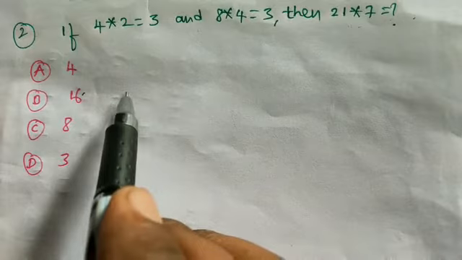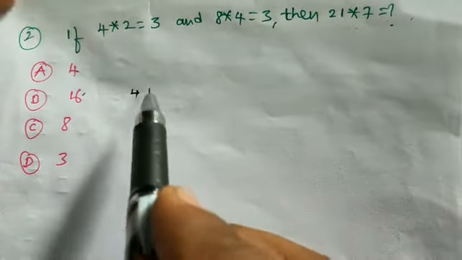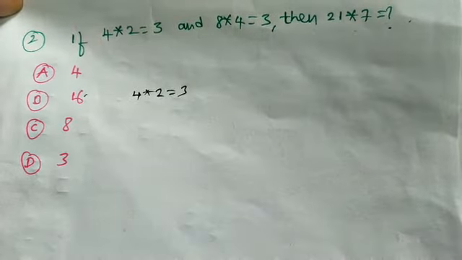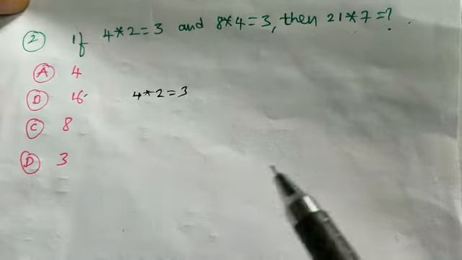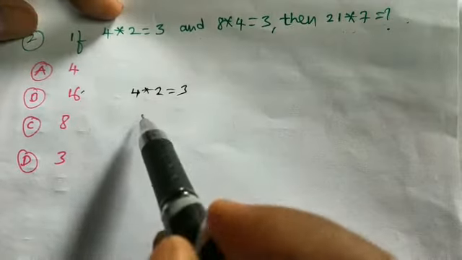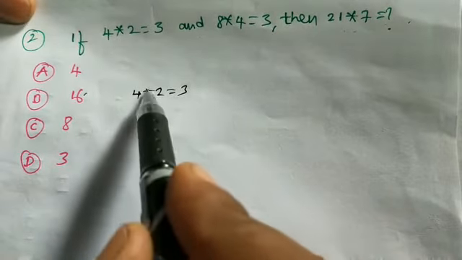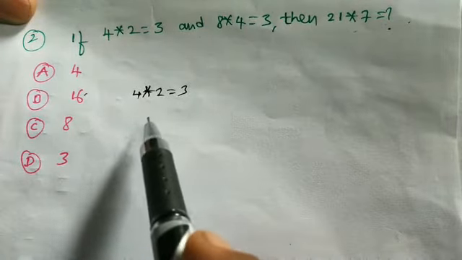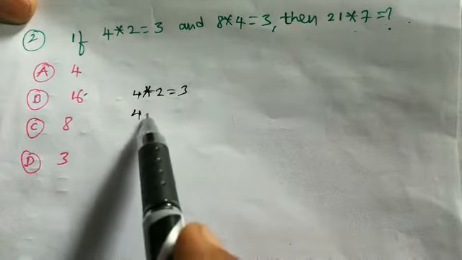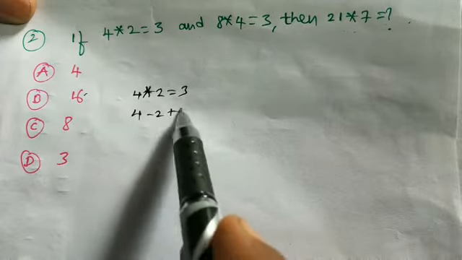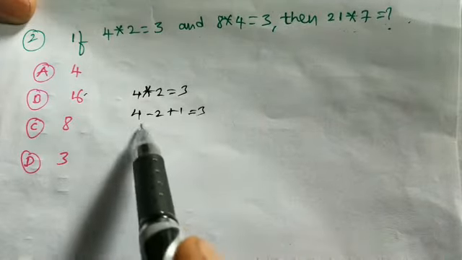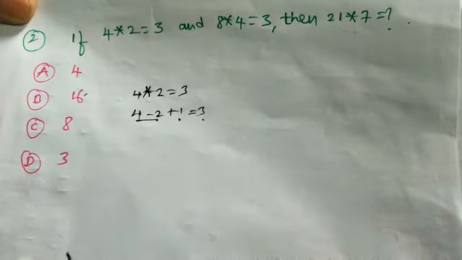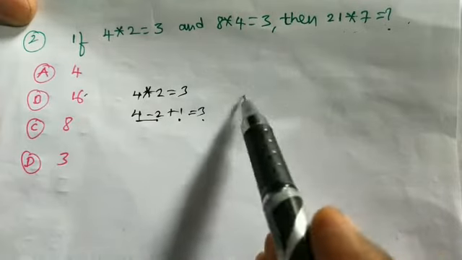Here 4 star 2 is related to 3. Is it or not? Students, see here. If you do 4 minus 2 plus 1, we are getting 3 or not? 4 minus 2 is 2, and if you add 1, we are getting 3.